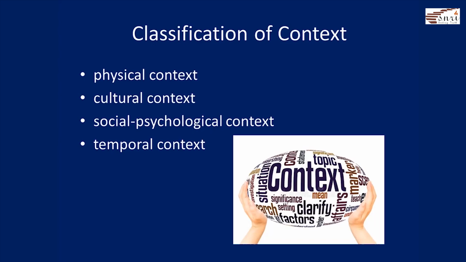For example, in certain situations, you cannot react in a particular manner. When the mood is sad, you cannot go about laughing or cheering up others. So sometimes you need to be very cautious of the situation around you. For example, in certain countries, you can't speak about certain issues in public.